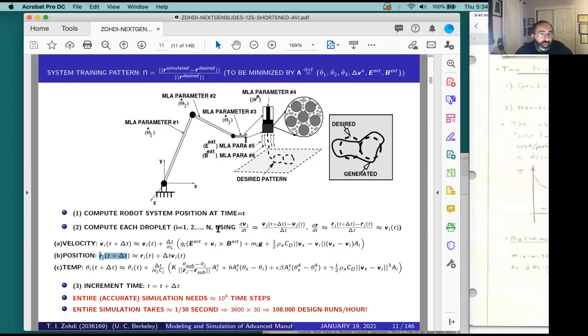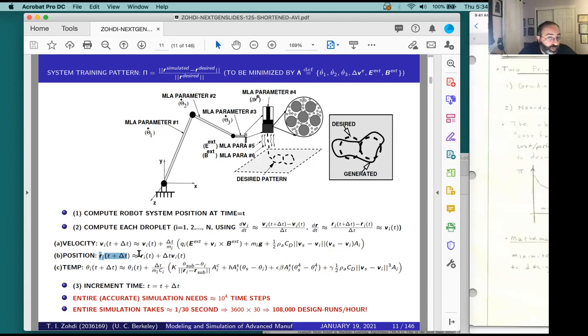So the point is that every time this robot squirts out something, we've got to keep track of it. So the more and more of these squirts we have, the more and more particles we have, which means this thing better be able to simulate this fast. Now, it gets complicated, of course, because not only do we have the positions and the velocities, we also have to know the thermal states, because we have to know how hot it is, whether it's melted, if it hits the target, is it going to splat, or is it going to sit there like a little clump of clay?